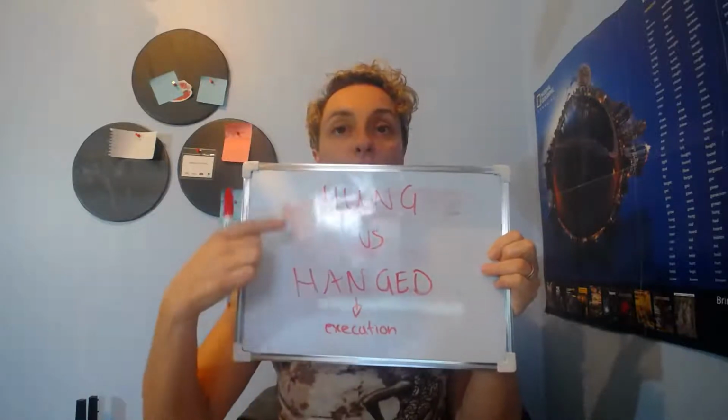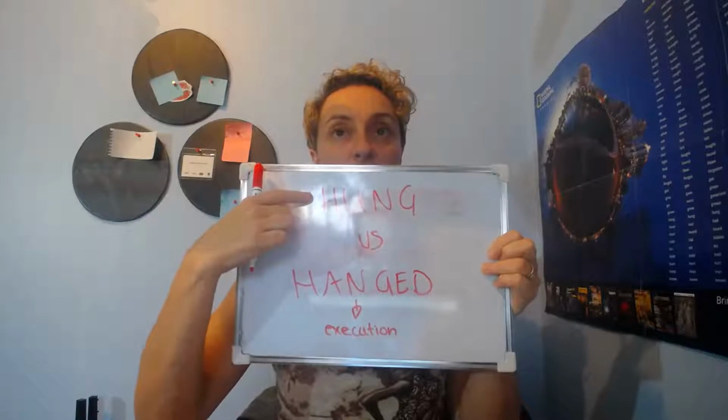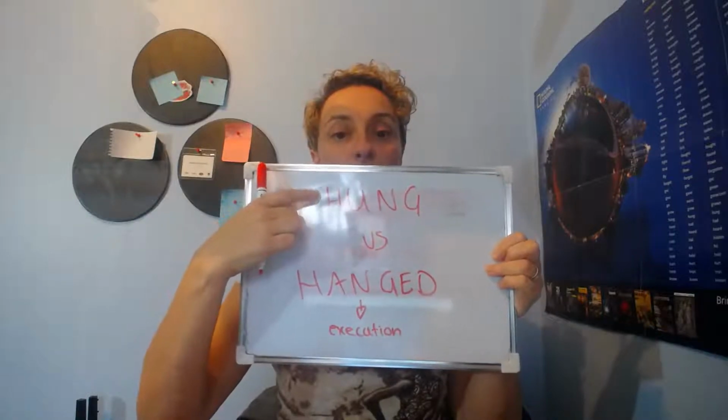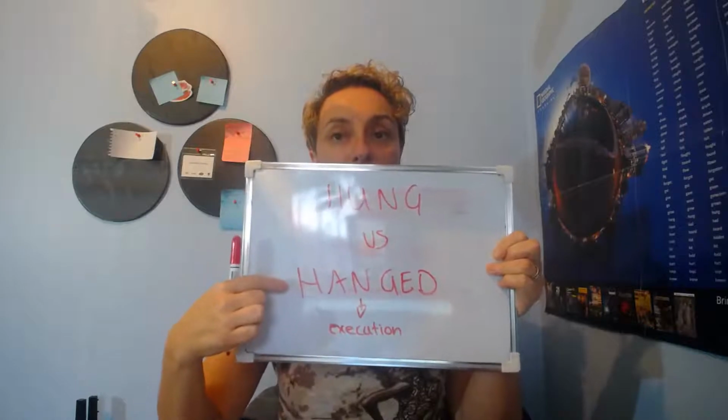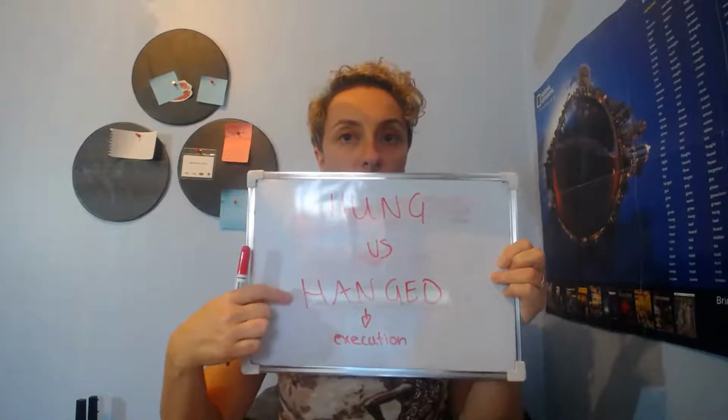Otherwise, we use the past of the verb hung. We don't use hanged. All right. But only for execution. Okay, it's a little bit morbid. I agree with you. But we don't want to make that mistake, do we? All right. The next one.